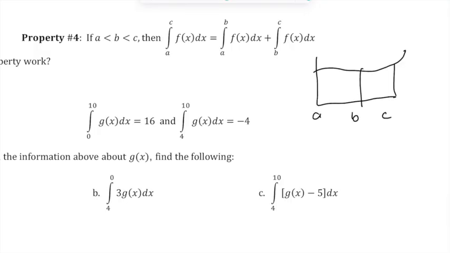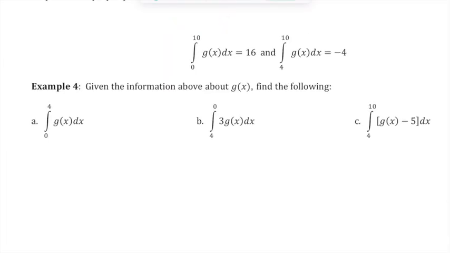You're basically saying this whole integral that I'm going to highlight in yellow is the same thing as if I take this integral plus this integral from b to c, right? So the whole integral is the integral from a to b here plus the integral from b to c here, given that b is in between your boundaries.